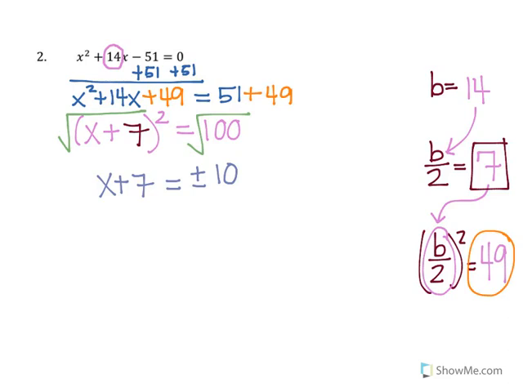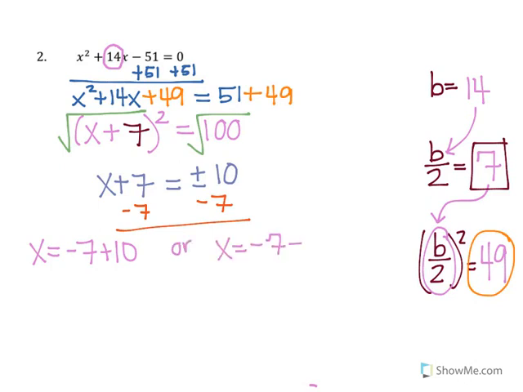Now we're on to the last step, which says to simply solve for x. So, to solve for x, I need to move that +7 by subtracting 7 from both sides, and I'm going to end up with x equals -7 plus 10 as one option, or x equals -7 minus 10 as the other option.